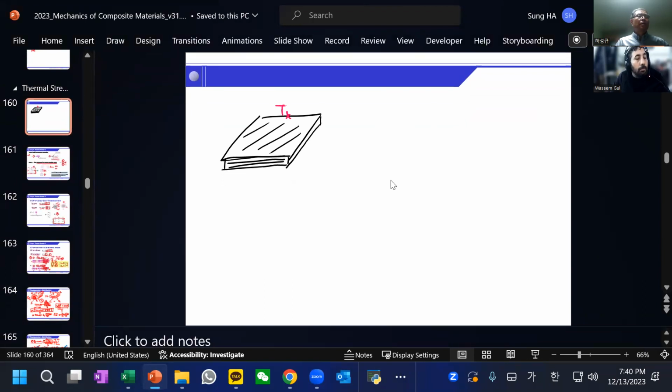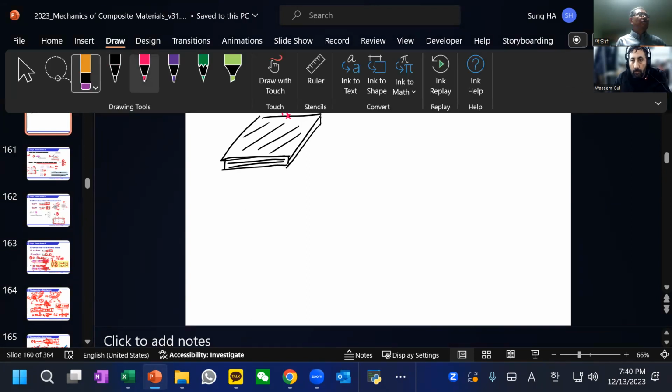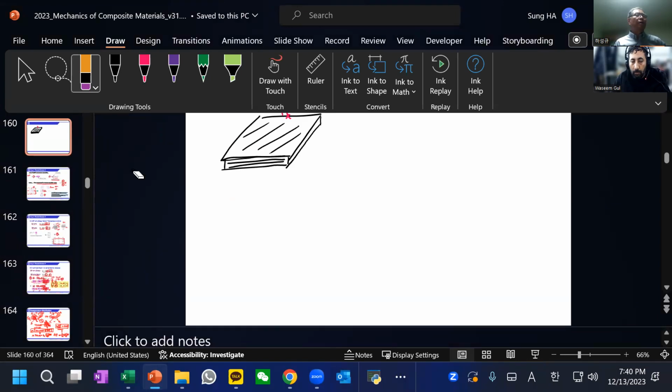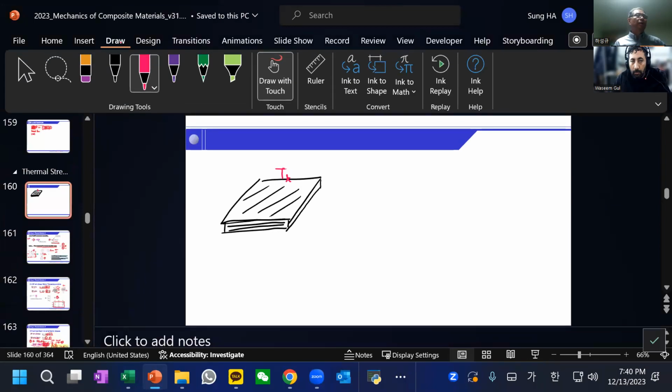Right. So again, this is a laminate with thermal loading, and at the top we have a top temperature, and at the bottom we have a bottom temperature, TB. Now, when we specify the temperature boundary condition, we always need to understand the reference temperature.